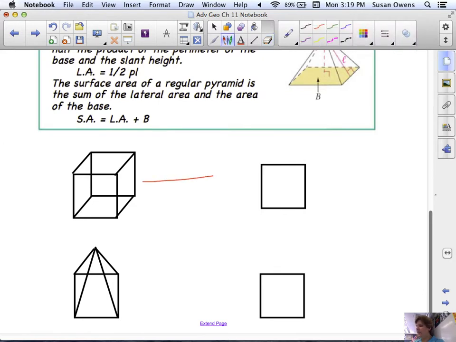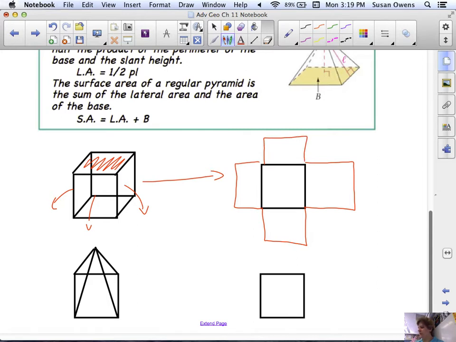So if I take this and suppose I cut off the top and then I opened it up, what I would get is I'd have the base and then the sides would come off and kind of look like this. And they'd be 4 squares. Might not look too much like squares. I'll just make this one a little better. But I'd end up getting 4 squares.